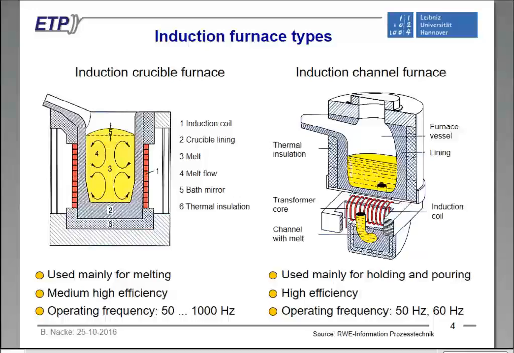This is more an indirect heating, and so the heat transfer to the bars is limiting the maximum power. So this is one disadvantage of the channel furnace, that the power is limited in order to avoid too much overheating in the channel.